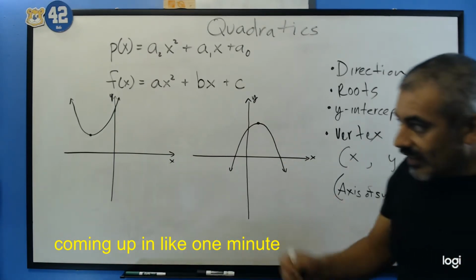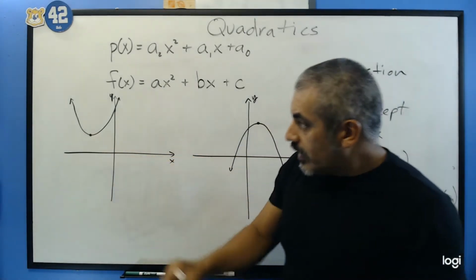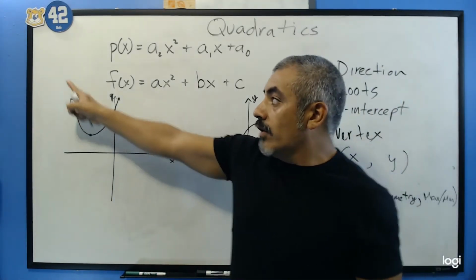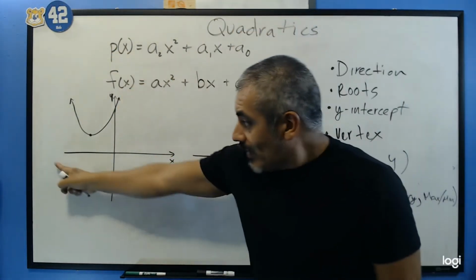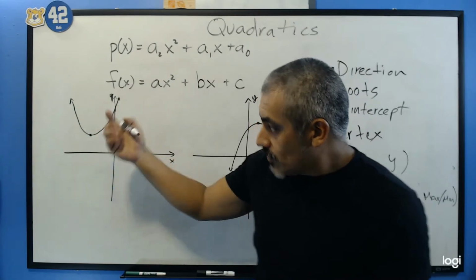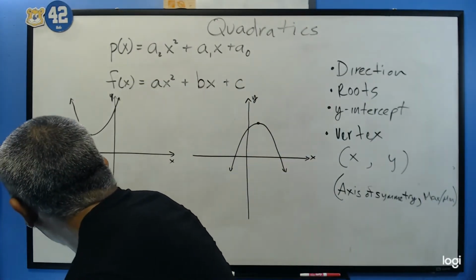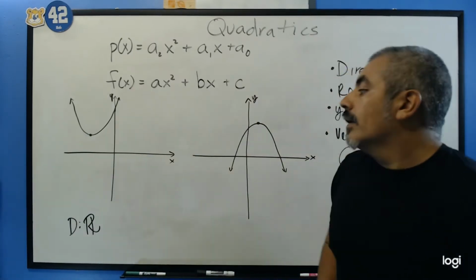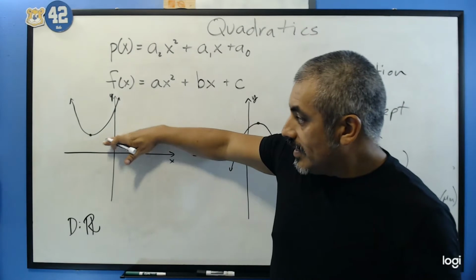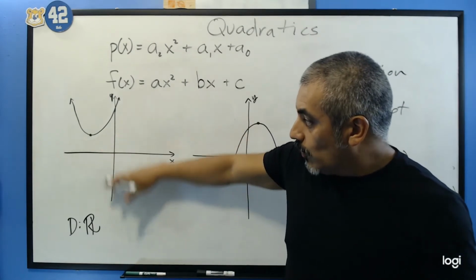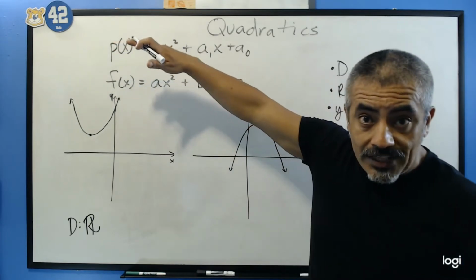Now, let's take a look at other characteristics while we're here. We can see from this one that it's going to keep going forever in that direction, and it's going to be going forever in that direction. So my x values are everything. So my domain is all real numbers. Domain is R. And we can see that the range starts here. It doesn't go below this point. So it starts at this point and goes up. So the range is not all real numbers.